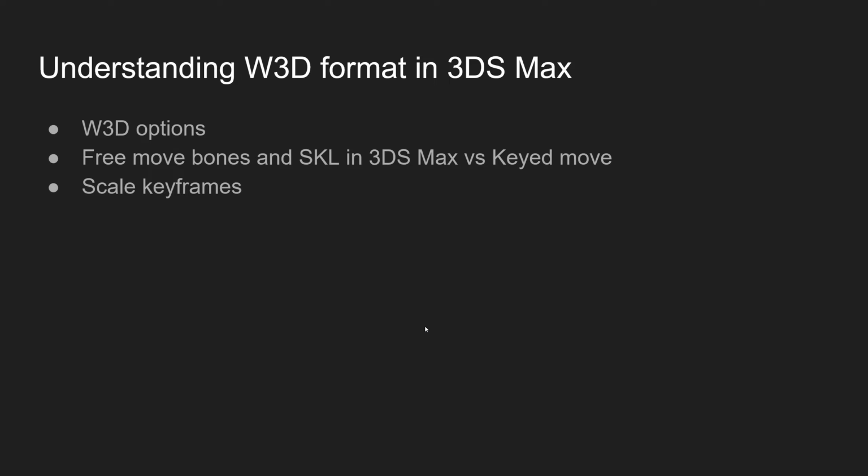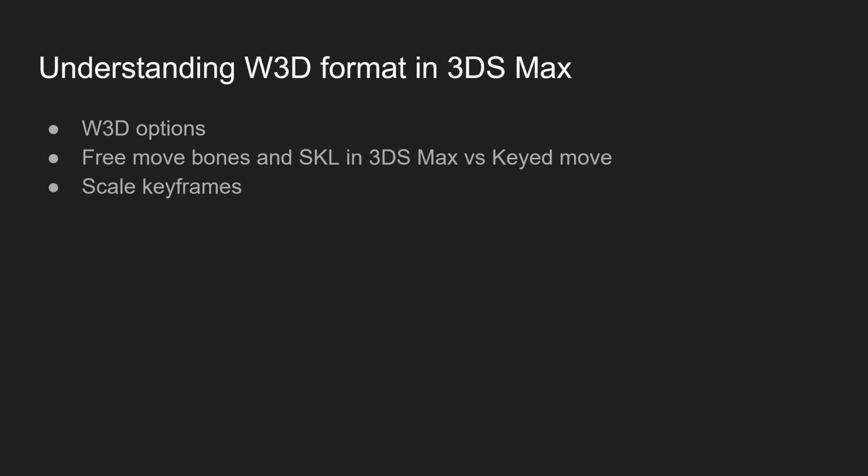Okay, a little bit about the W3D format. What I'm talking about is what options you have in the W3D options. I think it's Max specific. I know Blender has some stuff.